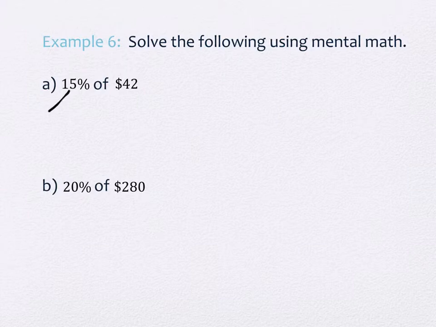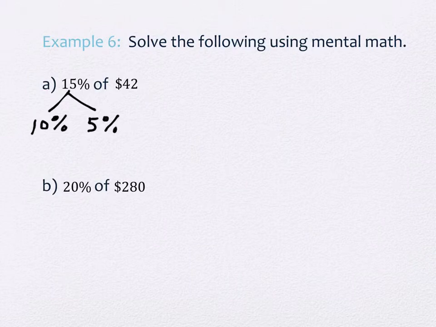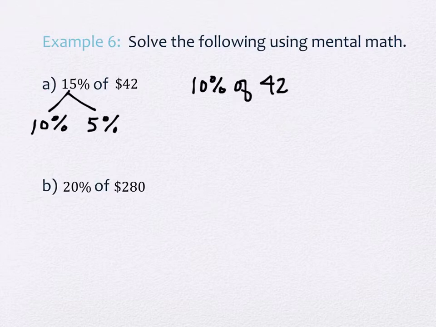So if we were to do this, we can think about finding 10% of something and 5% of something. I like finding 10% of things. How about you? So let's figure out what we would get for 10% of $42. Again, we're not trying to use proportions. We're trying to do mental math here. So what would 10% of 42 be? 4.2. Now, using that, can I get 5%?